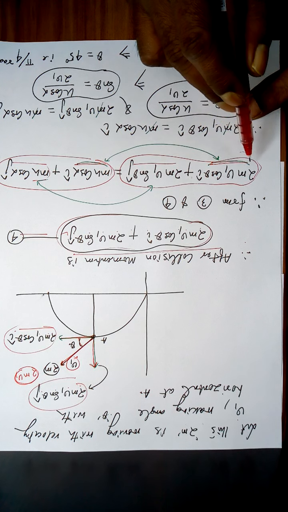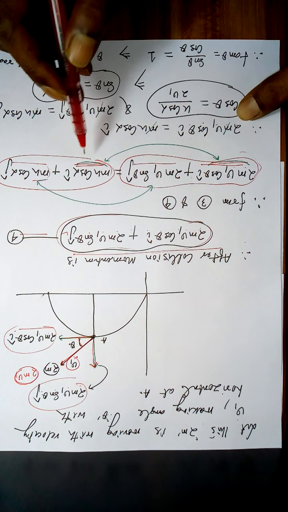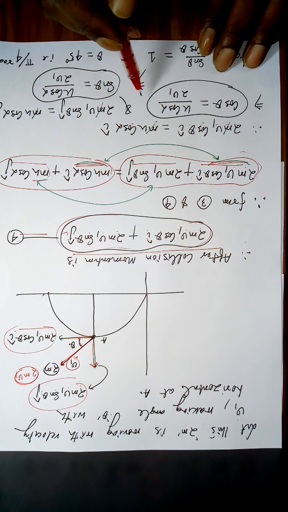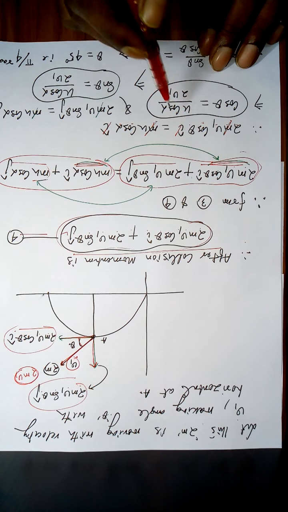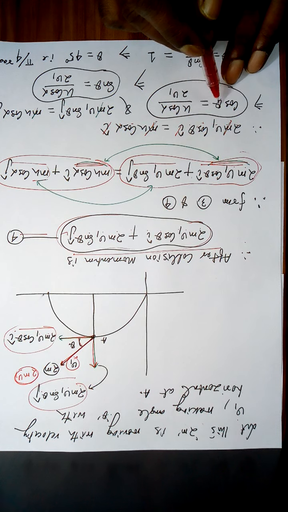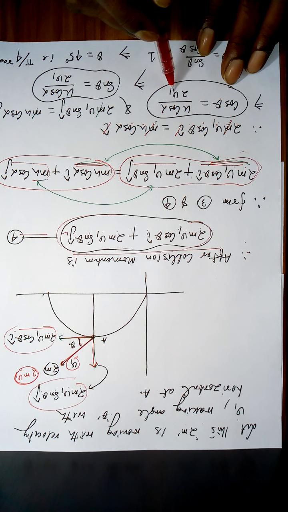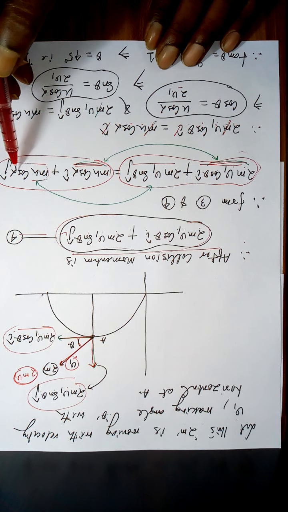So 2m v1 cos theta i cap will be equal to m u cos alpha i cap. Here m cancels, i cap cancels. So cos theta remains here, and 2v1 goes to the other side, so cos theta is u cos alpha over 2v1. Then the j components will also be equal.